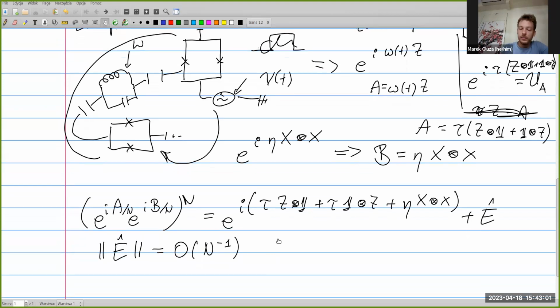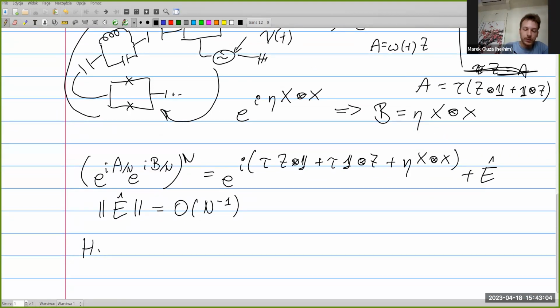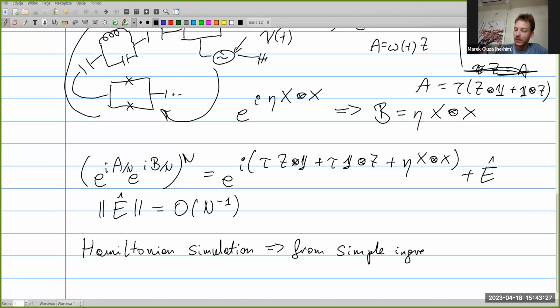And this is something we could call a Hamiltonian simulation. Which means we have from simple ingredients, I don't know if there's a good Wikipedia page for Hamiltonian simulation, but from simple ingredients, get interesting evolution.